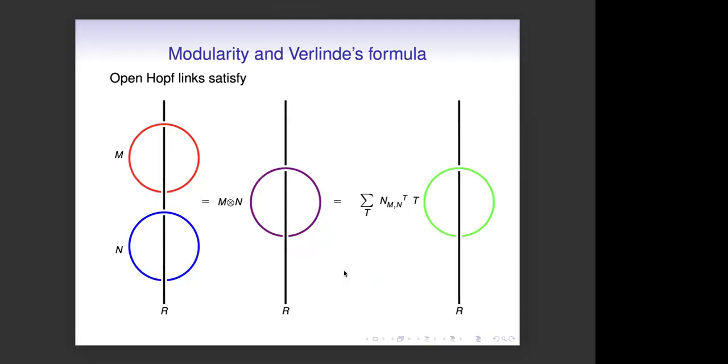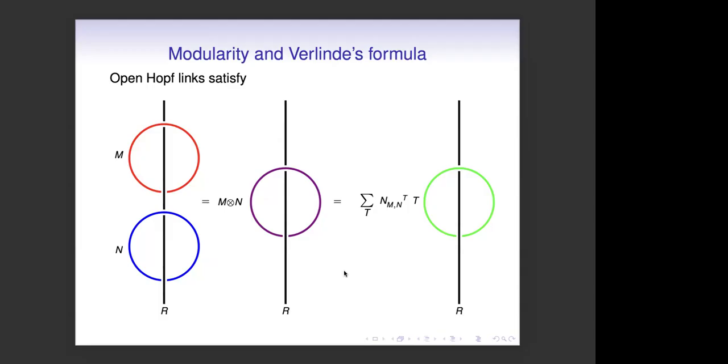On the other hand, the graphical rules in ribbon categories tell you that if you don't take the full Hopf link, but only the open Hopf link, so that you only close it on one strand, then it becomes a morphism on the second module. And if you take two different open Hopf links, you have two endomorphisms that you can compose, which is indicated here on the left with the red and blue one.